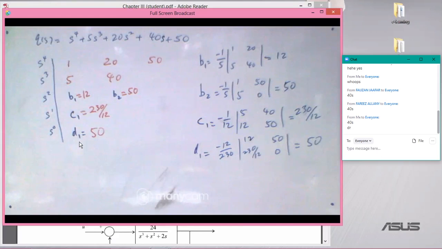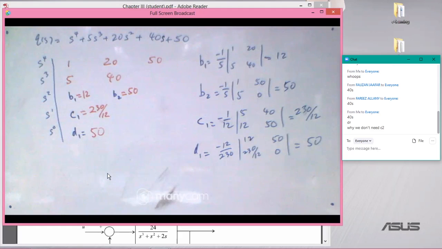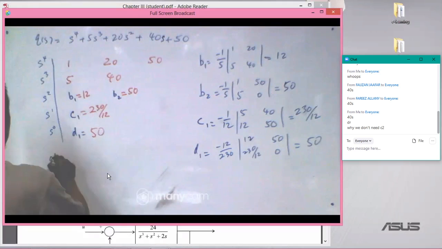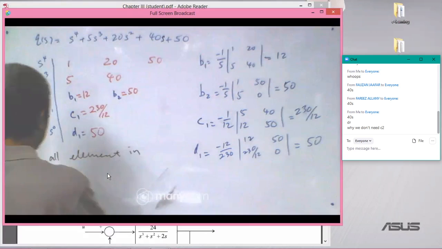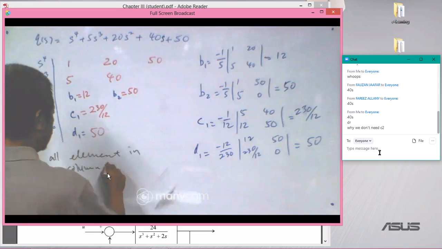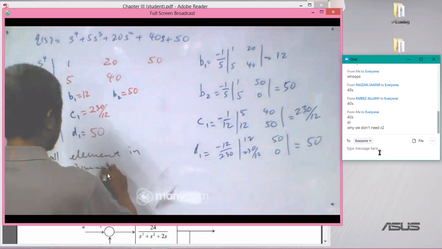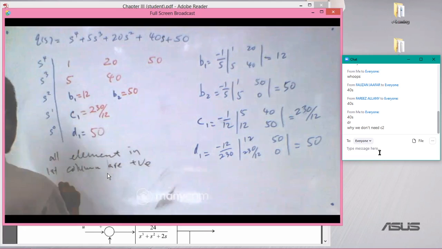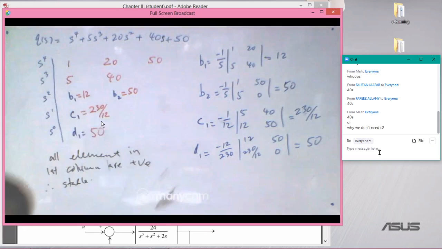If they have the same sign, all positive, then you say that the system is stable. All elements in the first column are positive, therefore the system is stable.